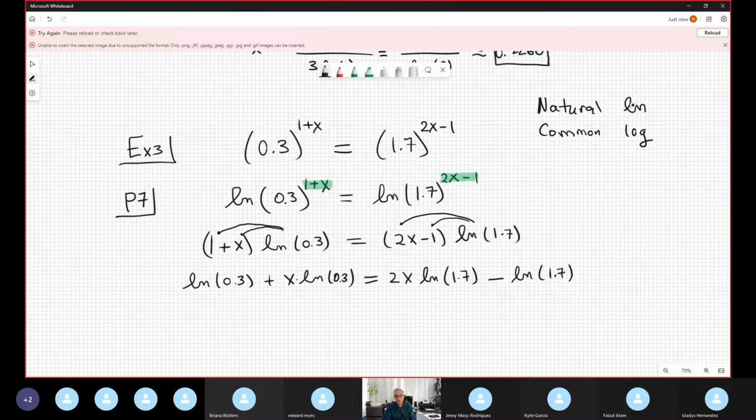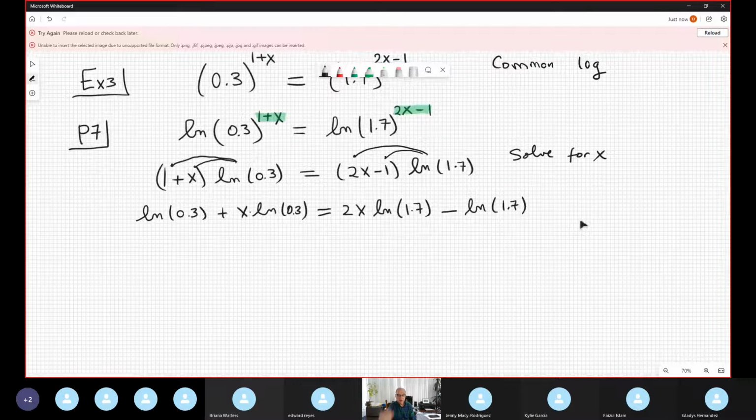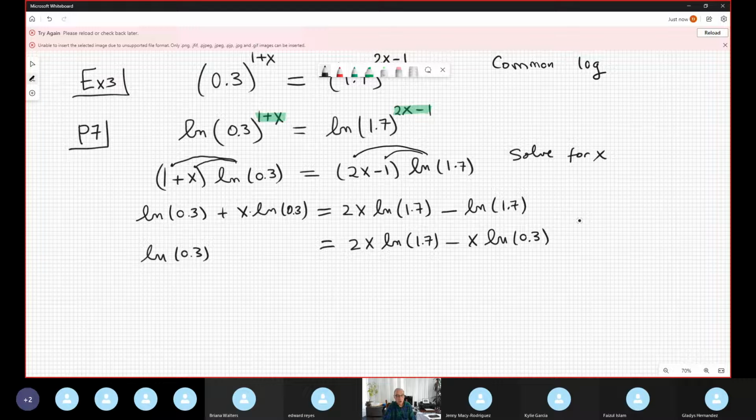Okay, see, my goal is to solve for x. I try to move any term that contains x to the same side. For example, there are many ways to solve this. This stays here because I like it so much, because it's positive. This is also positive, but it's okay. I move to the other side, but negative x ln 0.3. Now ln 0.3 just bring down, plus ln 1.7.